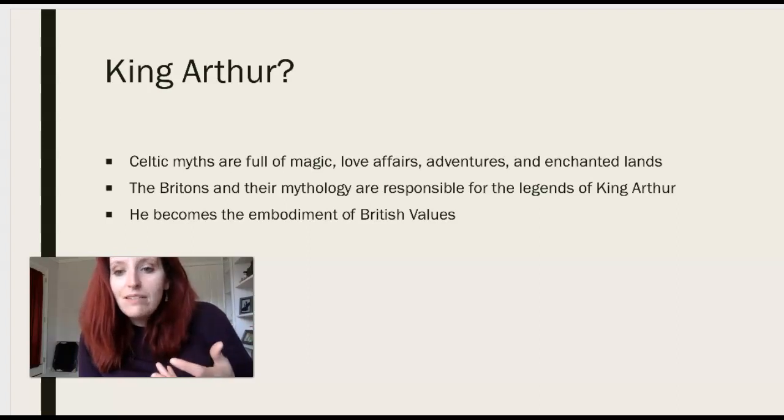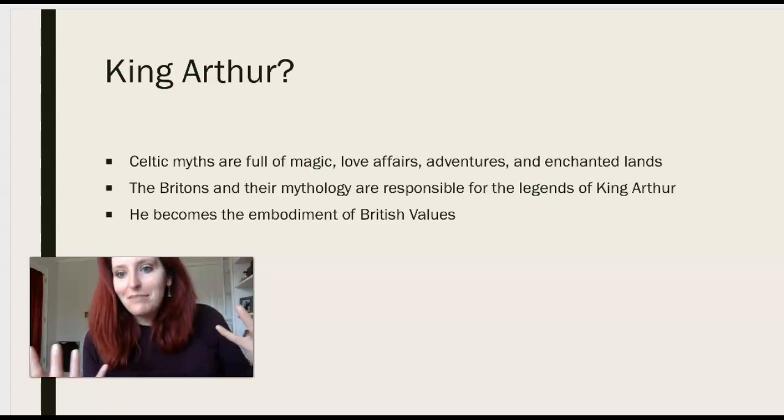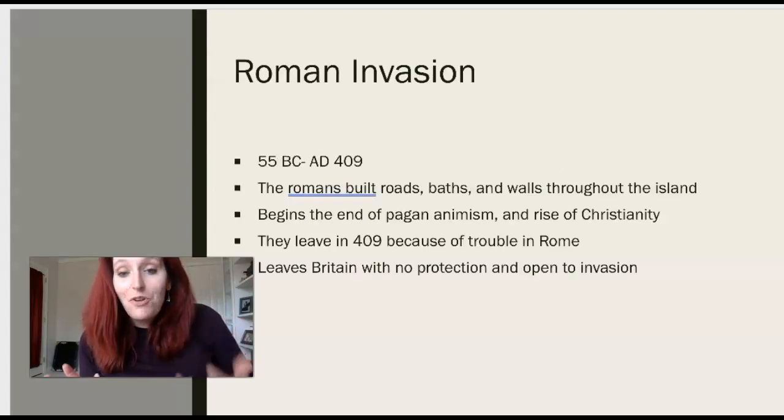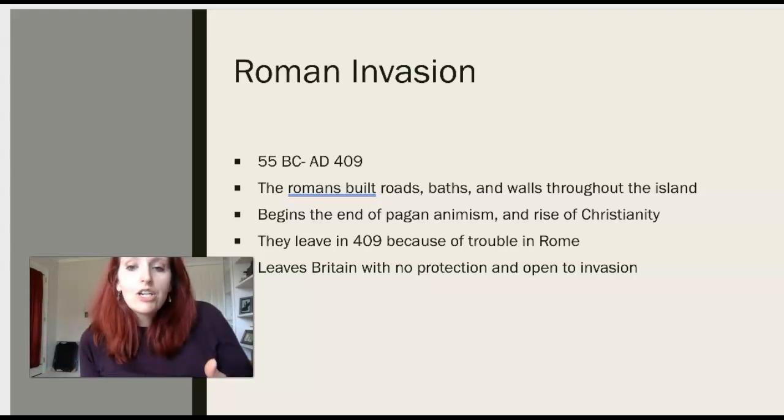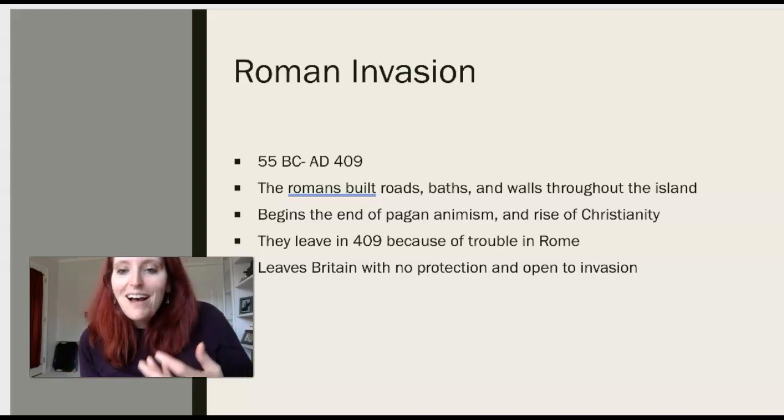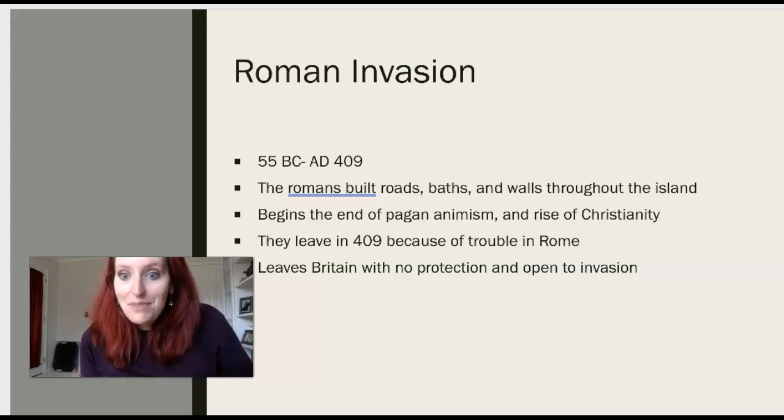What happens in the 5th century, and puts an end to this idealistic kingdom of King Arthur, is the Roman invasion. And as I said earlier, maybe I didn't say earlier, maybe I deleted it from the video, but England becomes a kind of colony of the Roman Empire.